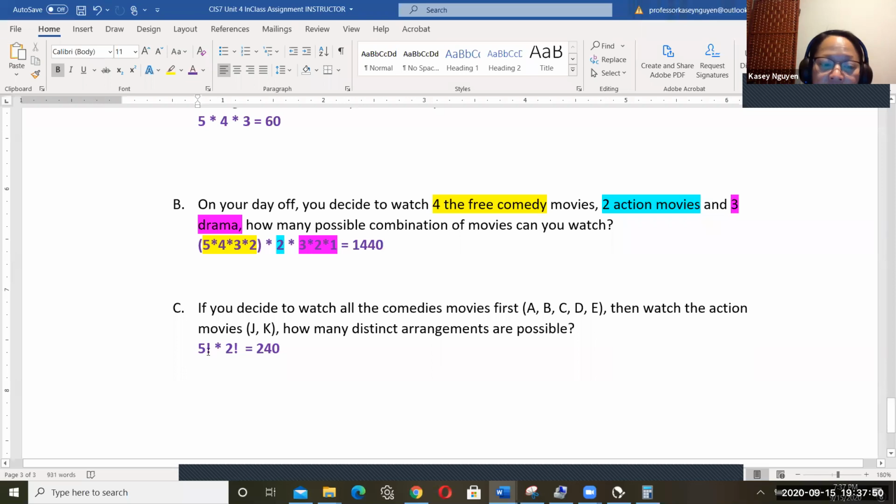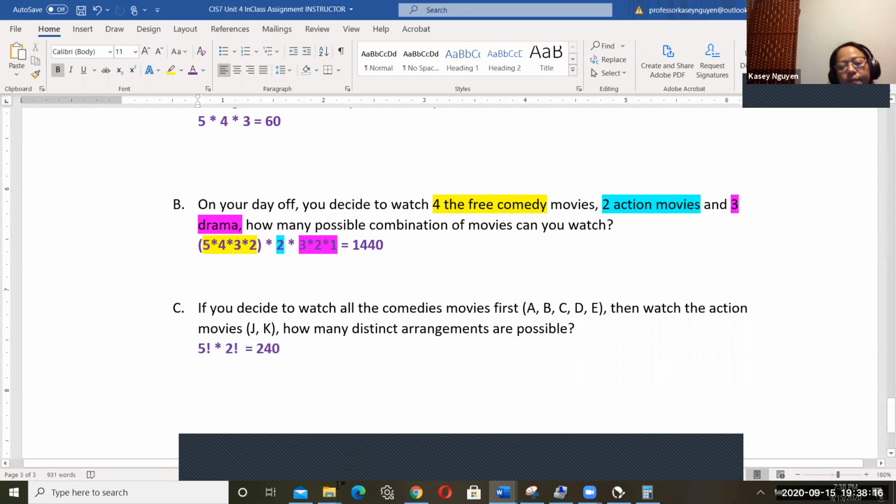From the comedy. And then I multiply it by factorial of 2, which is 2. And so that would give me 240. Any questions?